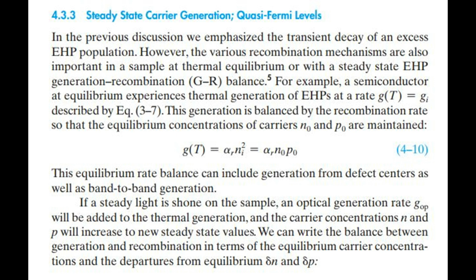If a steady light is shone on the sample, an optical generation rate g_op will be added to the thermal generation, and the carrier concentrations n and p will increase to new steady-state values. We can write the balance between generation and recombination in terms of the equilibrium carrier concentrations and the departures from equilibrium, δn and δp.